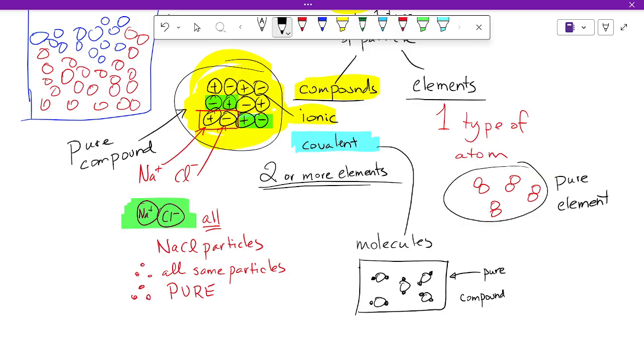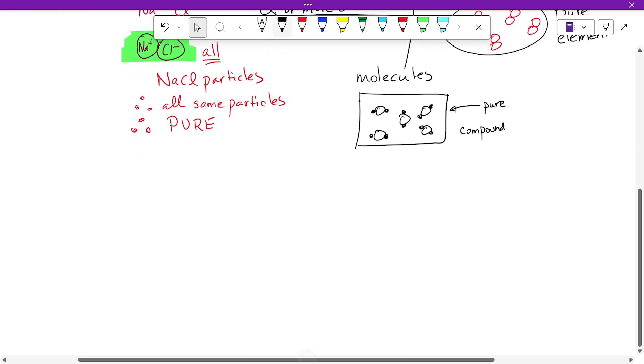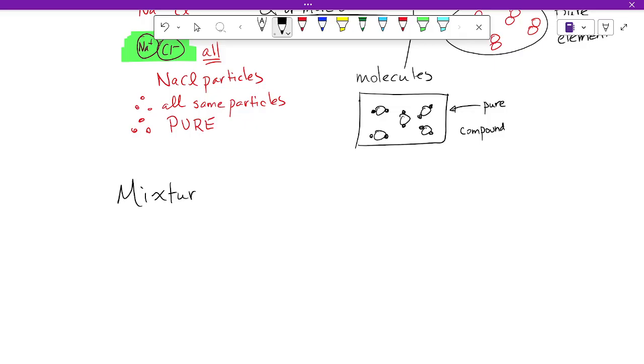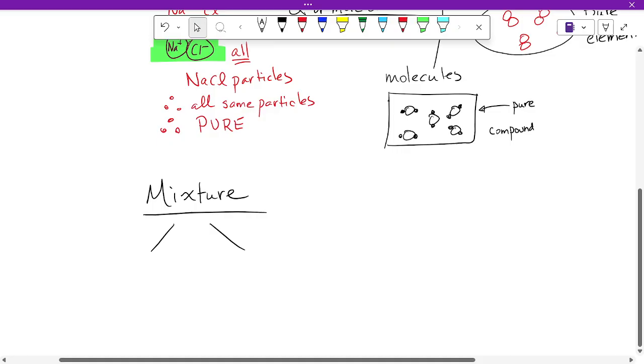If something is a mixture, what are the two different types of mixtures? Chat with your partner about that.